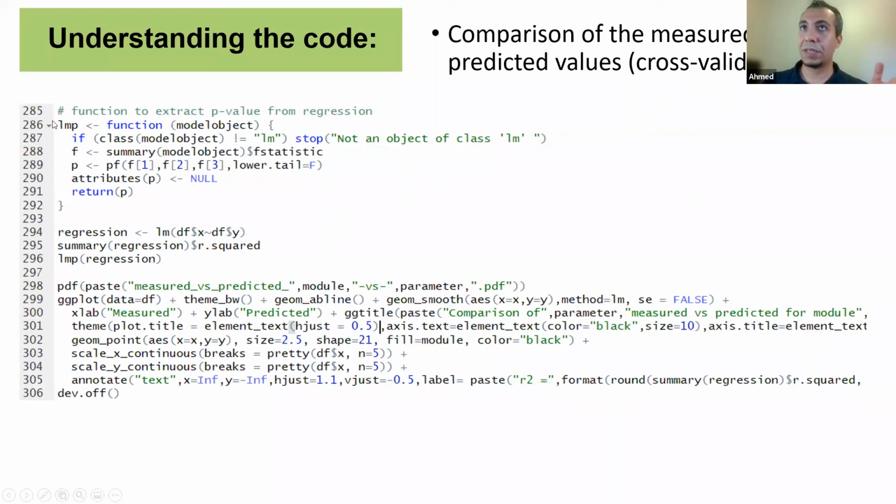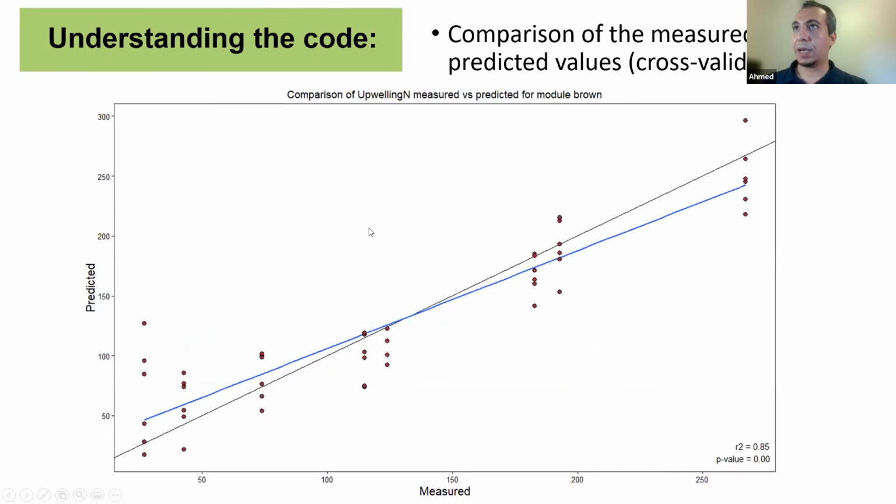This set of lines is just a way to plot the regression equation on the plot, so nothing really specific here. This is just the 3 lines that you use to do this kind of regression, and this is the bunch of lines that you use to plot and beautify the figure. And this is the figure that you want to look at.